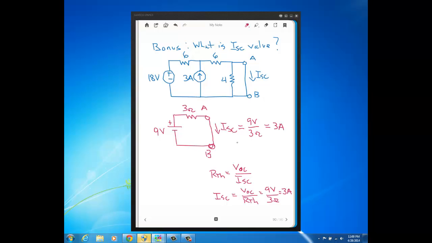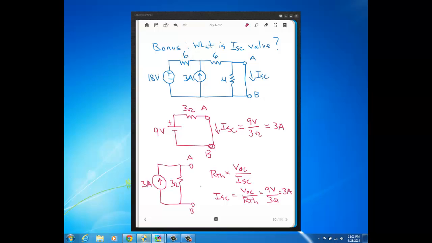You could have also solved this problem by doing a Norton equivalent. Let's write that real quick here. The Norton equivalent for this problem would be a current source of value I short circuit, so 3 amps, in parallel with a resistor, and that resistor is R Thevenin, so this would be a 3 ohm resistor.